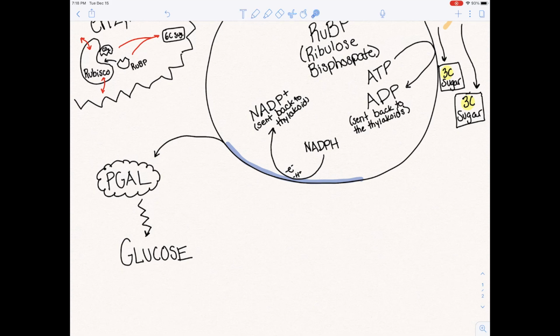So just like the ATP came from light-dependent reactions, so did the NADPH. NADPH is utilized in the Calvin cycle, gives up an electron and those hydrogen ions, and becomes NADP+, which is just sent back so that the greedy Calvin cycle can get more NADPH.